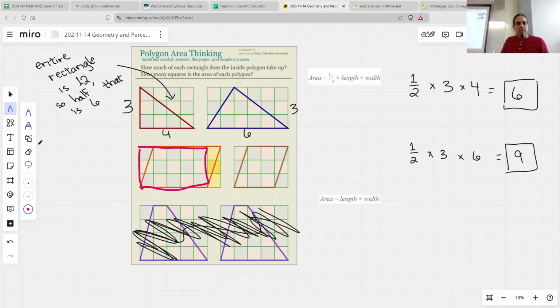So how big is that rectangle? Let me draw it a little more nicely. So I want to find out this area. In the textbook, they're going to draw a line and say, what is the height of my parallelogram? They're not going to draw a rectangle surrounding it like this paper has.